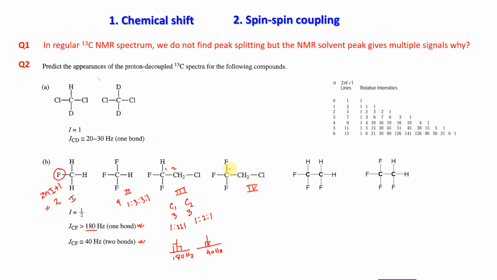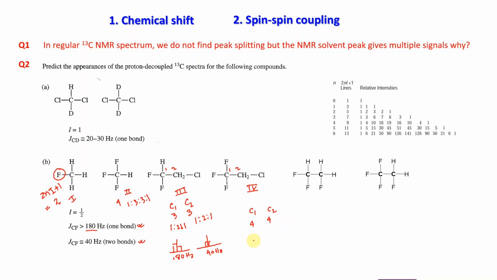Again you have 2 carbons, 1 and 2. So for C1 and C2, here you will get 4 peaks. So quartet in both the cases, 1:3:3:1, both the cases.